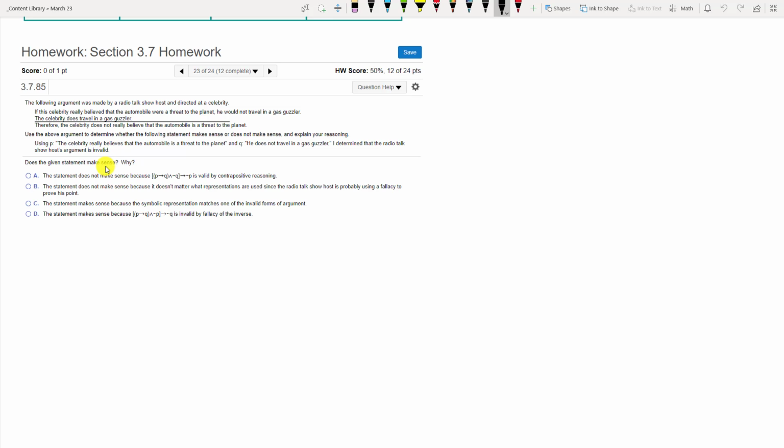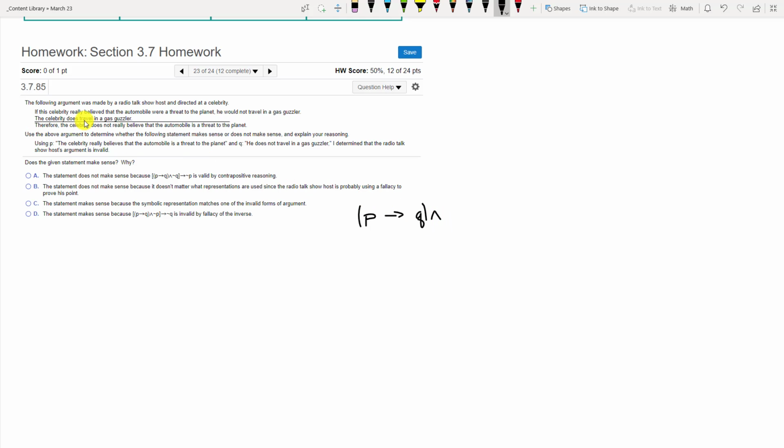All right, so let's set up our P and our Q in our statement. P is, if the celebrity really believed the automobile were a threat to the planet. So we're going to say that's P. Then he would not travel in a gas guzzler. So that would be Q. Recall the second line, we always put a conjunction in between, an and statement.